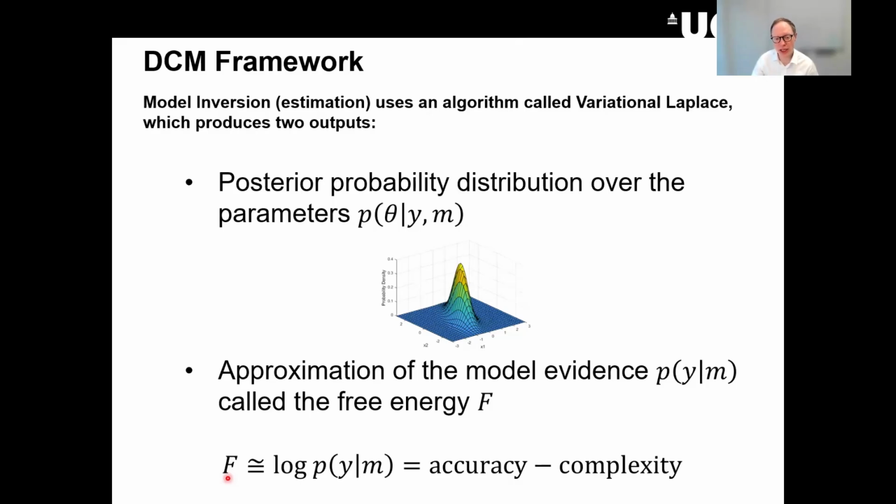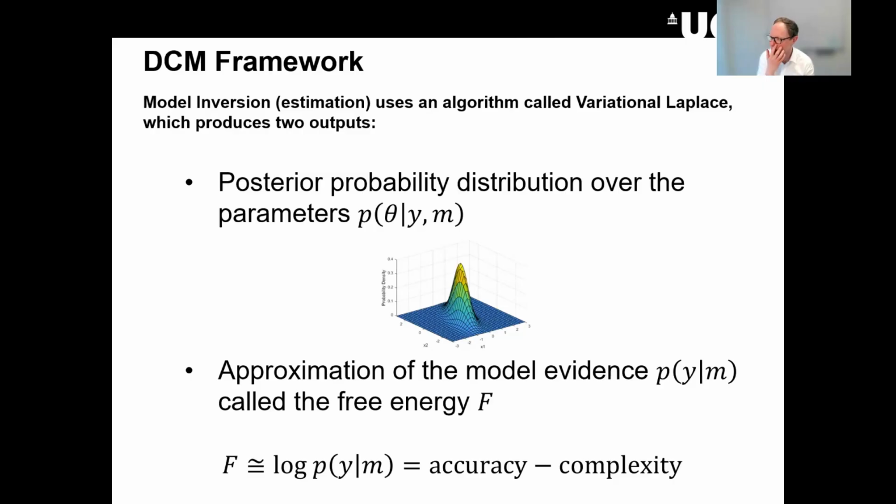The other thing I want you to take away is that the evidence, as well as the free energy, can be decomposed into two terms: accuracy minus complexity. So a model with a high free energy is either really accurate, or it has a very low model complexity, or some mixture of the two.